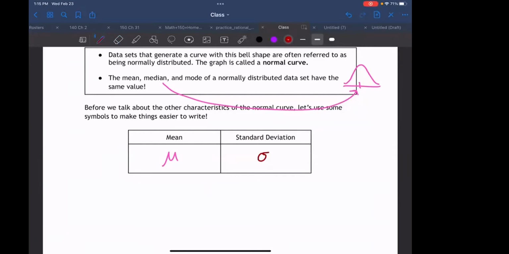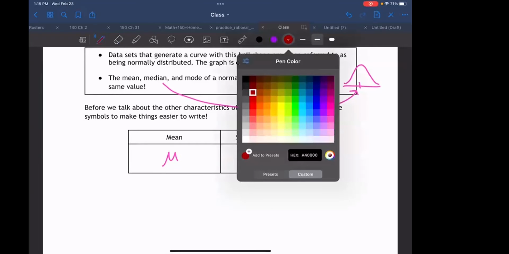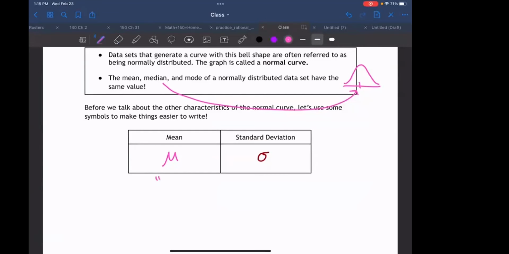I'll make it red. I'll just write the Greek letters, if you want to know, mu and sigma. So if you see me use these symbols in the next page, that's what I'm talking about. Mu for mean, sigma for standard deviation.